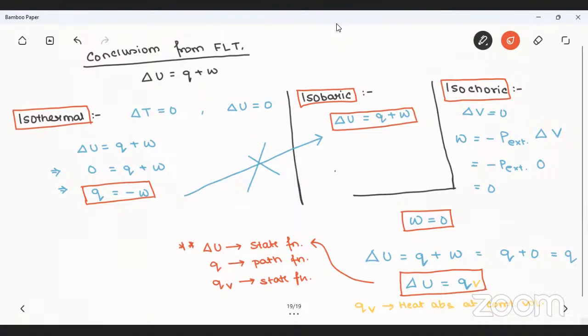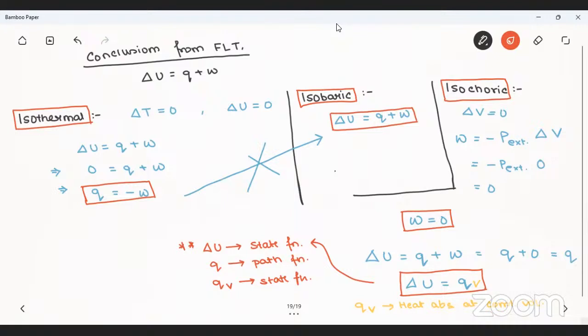Q is a path function, but when delta U becomes equivalent to Q at a constant volume, then it becomes a state function, just like delta U. Is this part clear? Have I made myself clear to each and everyone? Yes or no?